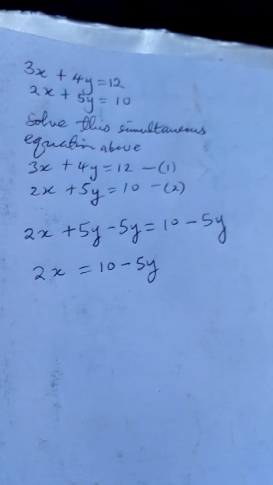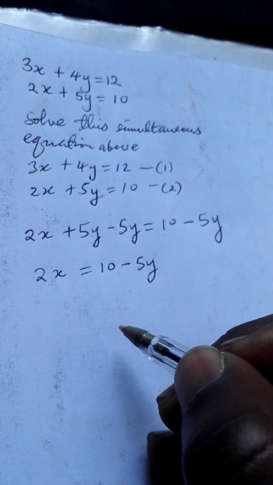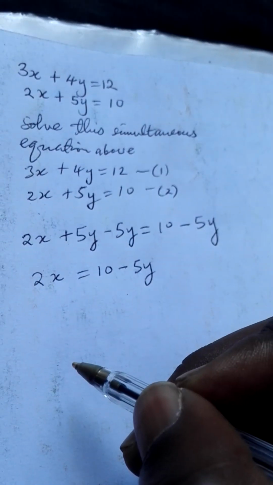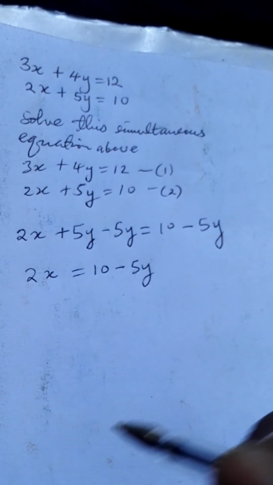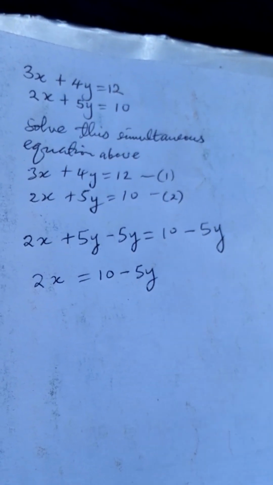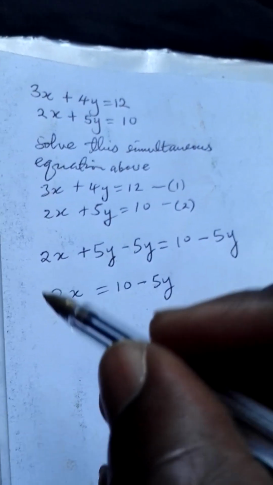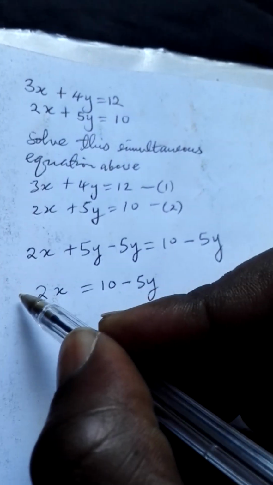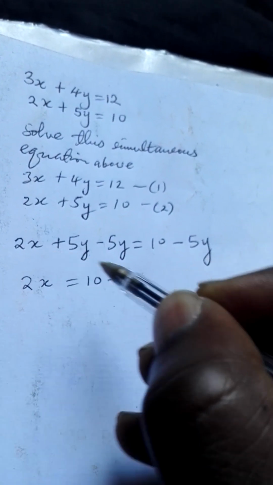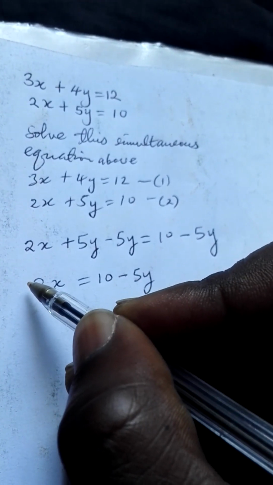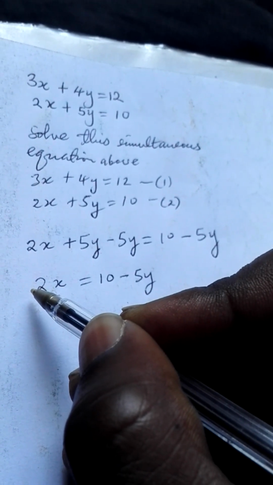Now, how do we get rid of the 4? Because we need to remain with only x. So x has to be the subject of the formula. In order to do that, we multiply both sides, and I mean both sides, by a half.